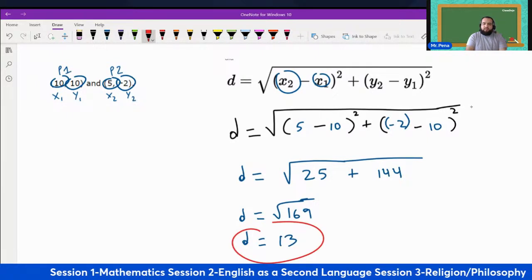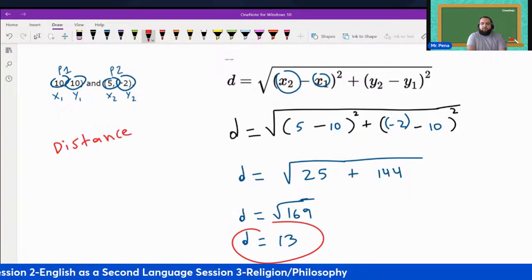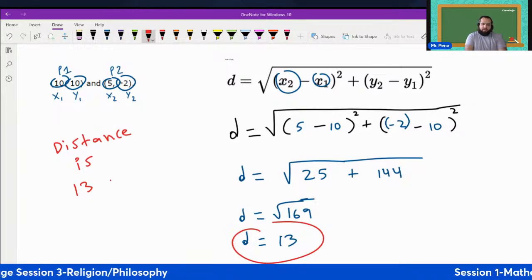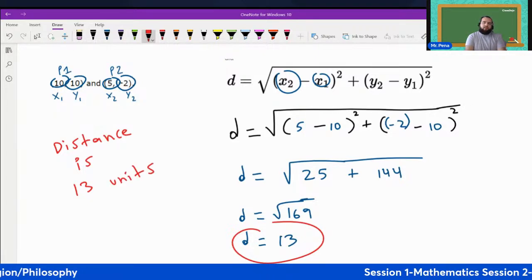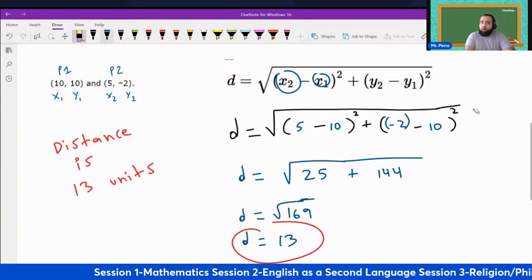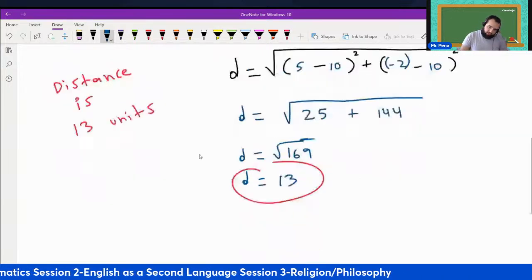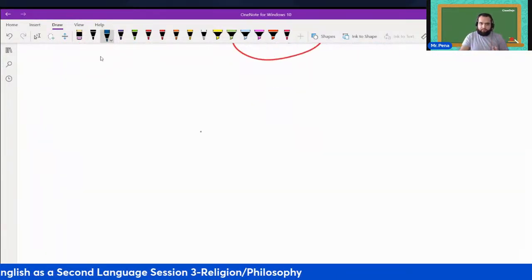So the distance between the 2 points is 13 units. So if you have the coordinate plane, you can do the Pythagorean theorem, or you could use the distance formula. These are two methods of finding the distance between 2 points.